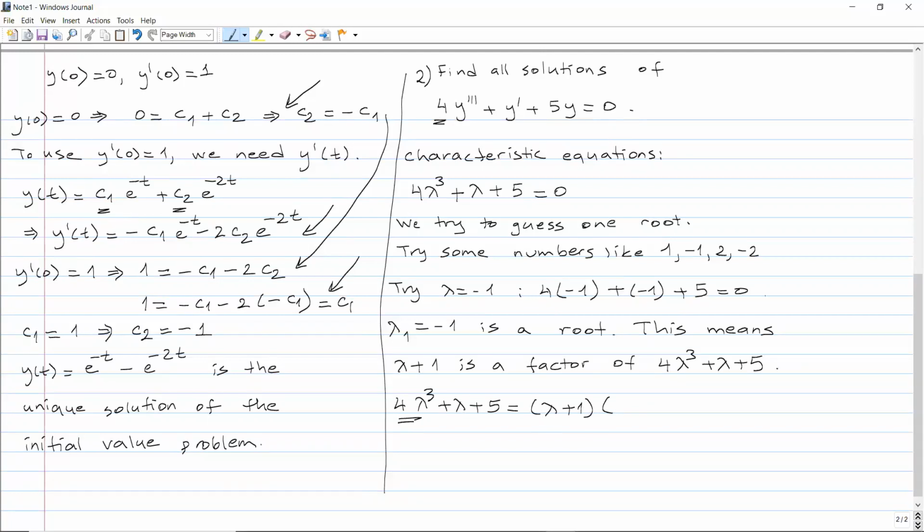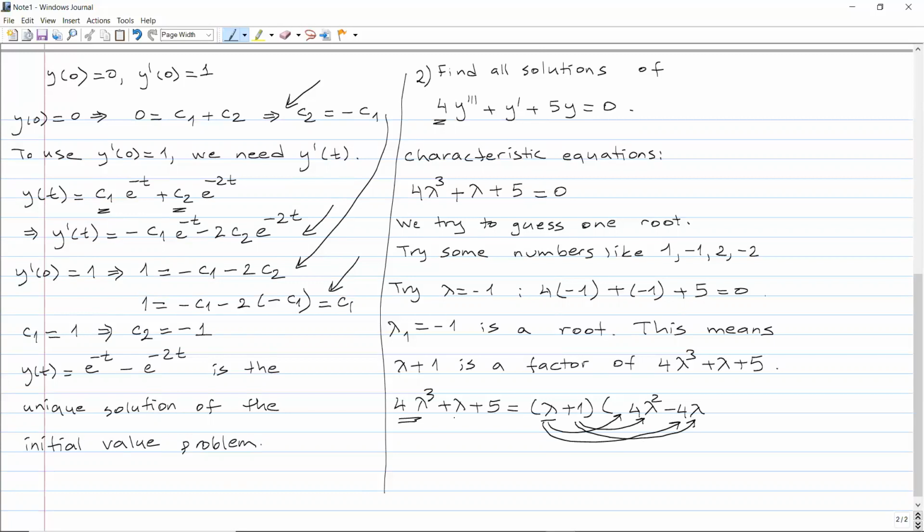To get 4 lambda cubed, we need to multiply lambda with 4 lambda squared. But then this gives us 4 lambda squared. There is no term with lambda squared on the left side. So to cancel out the 4 lambda squared, we need minus 4 lambda squared. That means multiplying lambda with minus 4 lambda. But then, when you multiply 1 by minus 4 lambda, we get the term minus 4 lambda.